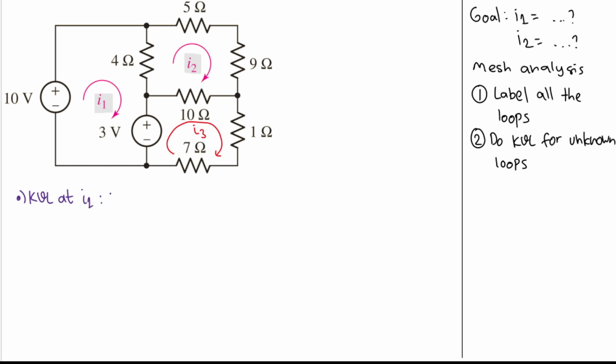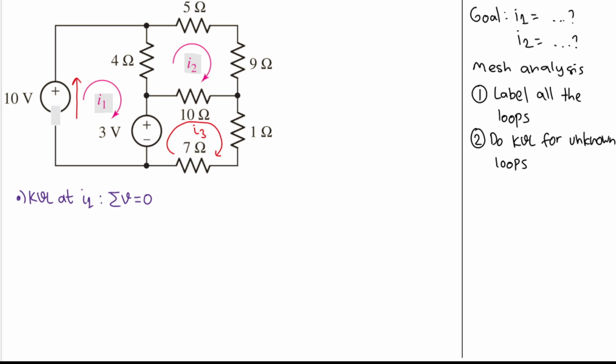Okay, KVL says that the sum of the voltages in a loop will equal 0. That is the Kirchhoff voltage law. But one thing about KVL is we have to be very careful about the sign here. Let's start from this 10-volt voltage source. Here the current is flowing like this. So in this branch, the current will flow like this.